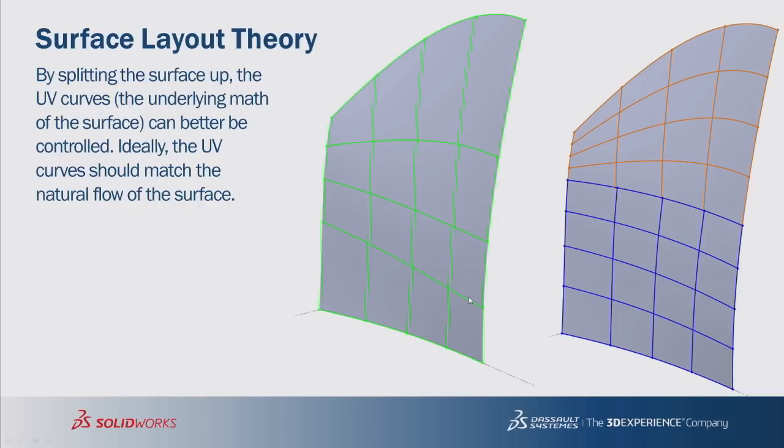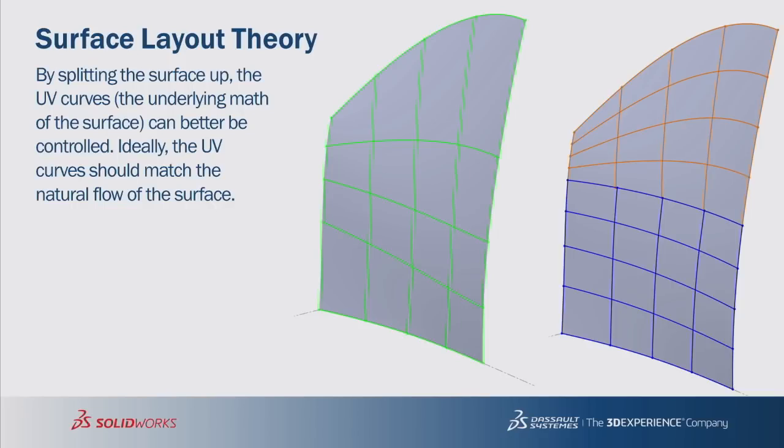So by splitting the surface up into two smaller surfaces and making them curvature continuous here, and evaluating using the zebra stripes and the continuity tools we learned about, we have much better UV flow of the surface, much better quality. So this is why we want to try and do as little with the surface as possible.